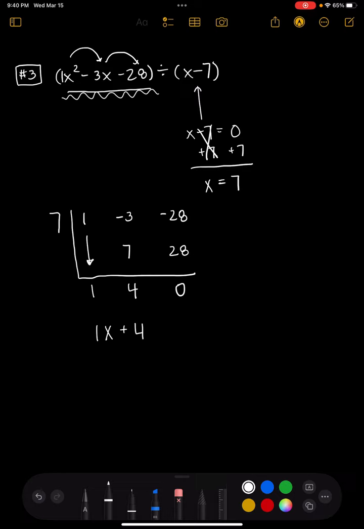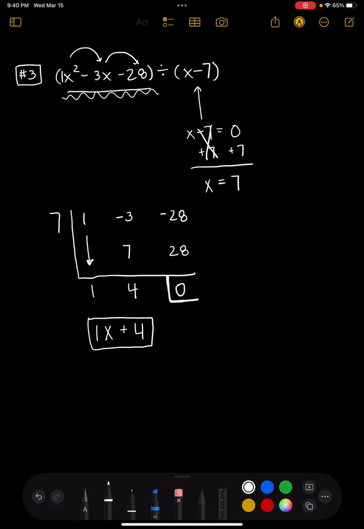So because I started with just an x, my second number would have no x. Now, this number at the very back will always be what's called your remainder. And if you do it right, particularly for this self-check, you should always have zeros for your remainders. So this 1x plus 4 is my final answer.